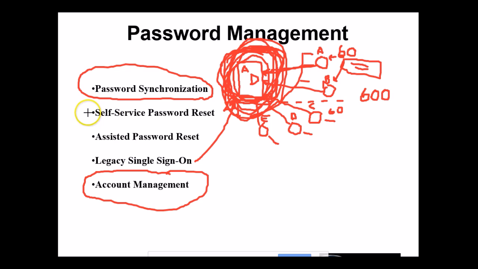These other two here that I have listed, self-service and assisted password reset, are kind of self-explanatory in my opinion. The self-service usually allows you to go in and put some cognitive things in, like type in your mother's maiden name.